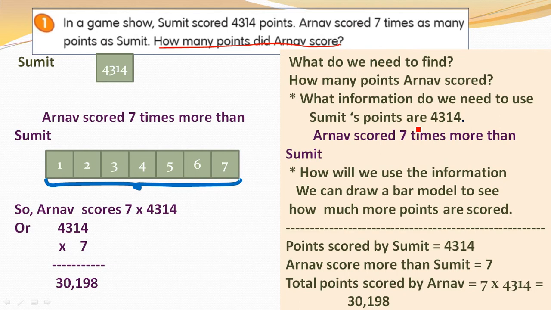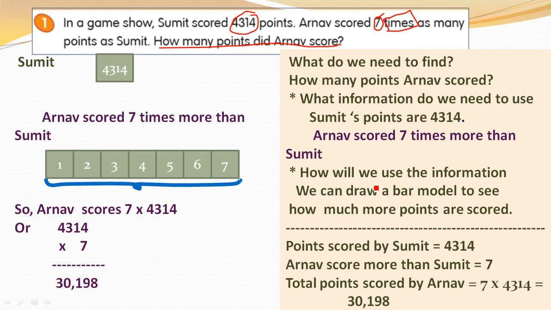Sumit's points are 4,314. We are going to circle the digits. And now what is the clue word? The clue word, we will box it. It is times. So clearly we are able to identify that it is a multiplication problem.